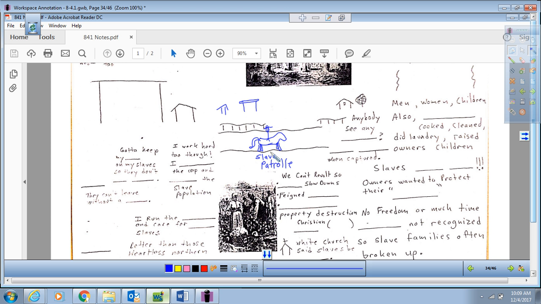And these were called slave patrollers. So, of course, a slave that ran away was called a runaway. And these slave patrollers would be out here looking for slaves. They better have a pass.